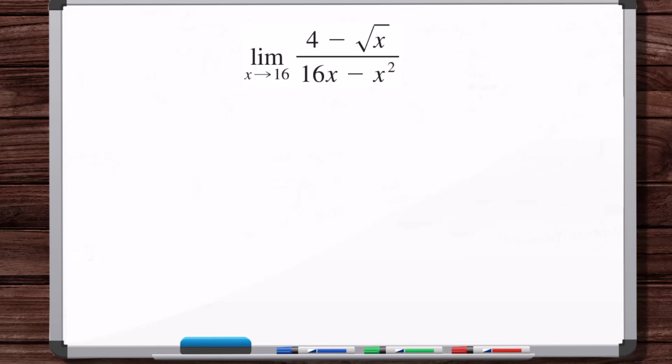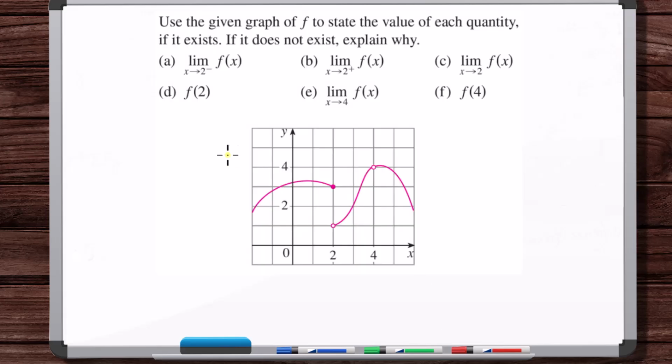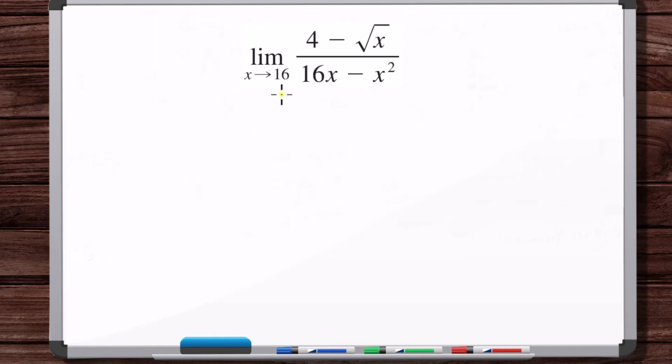Okay, but it's not like once you've gotten really good at evaluating graphical limits, that means you can easily just come to the limit of a function like this and evaluate it.